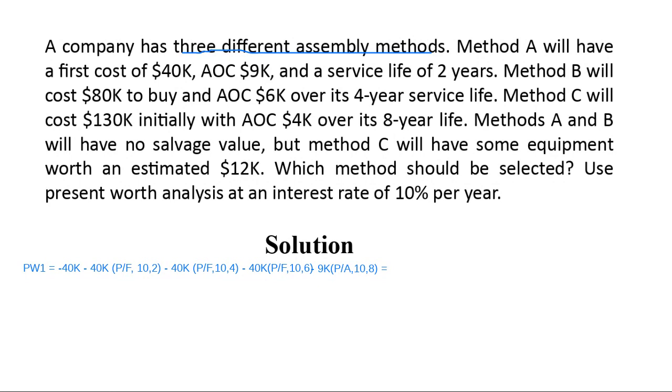What is missing? We had the first cost, the annual operating cost. Thank you, Ali. 6,000 multiplied with P given A, for 10%. How many years, Ali? 8 years, excellent.